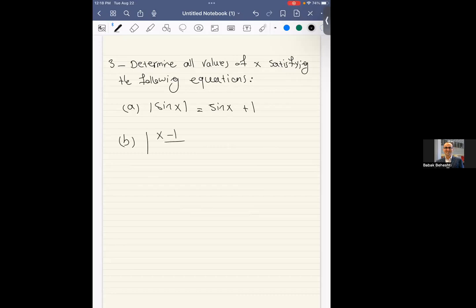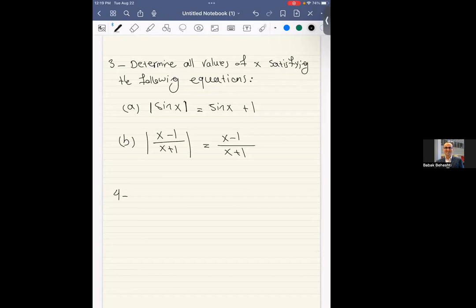This is absolute value of x minus 1 over absolute value of x plus. You should do absolutely.